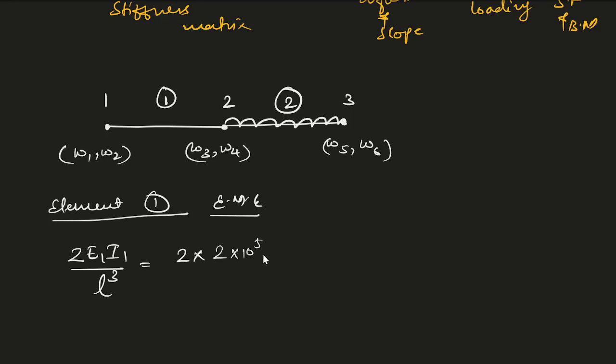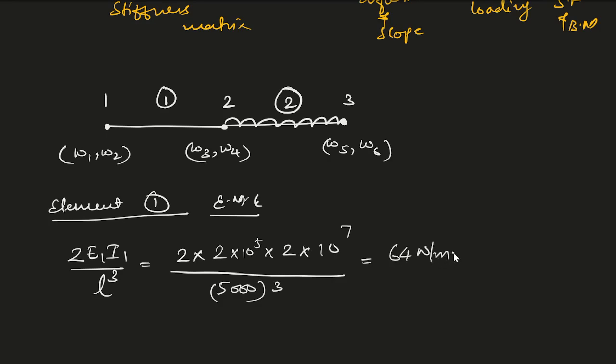Then the moment of inertia for the first element is 2 into 10 power 7, divided by the length of 5 meters. We have to take it in mm, so it is 5000 cube. If you do the calculation, we get 64 Newton per mm.